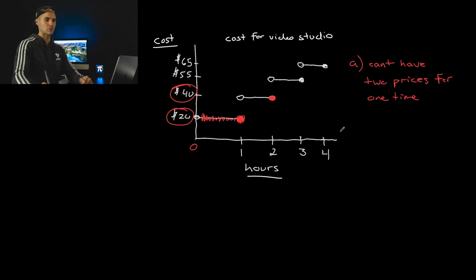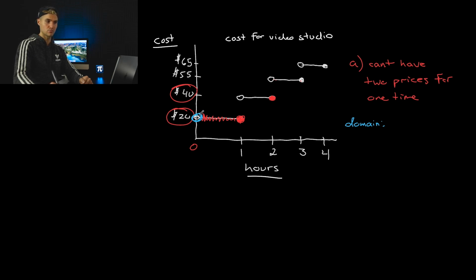Right, so now in part B, what's the domain going to be? So let's actually do this in a different color. So the domain. Again, we said that this is going to be an open dot, because you can't rent it for 0 hours. You can only rent it above 0 hours.